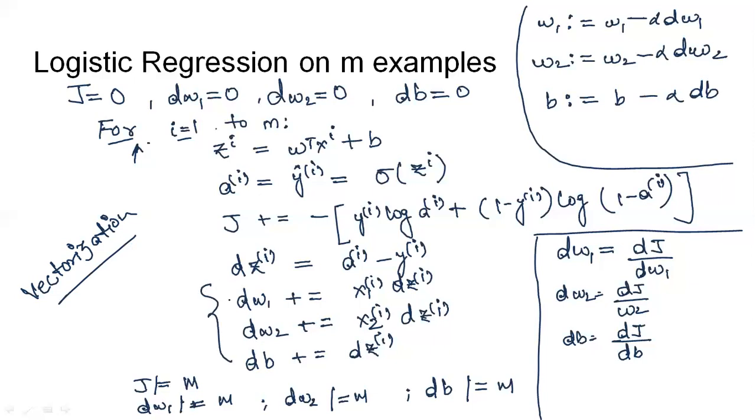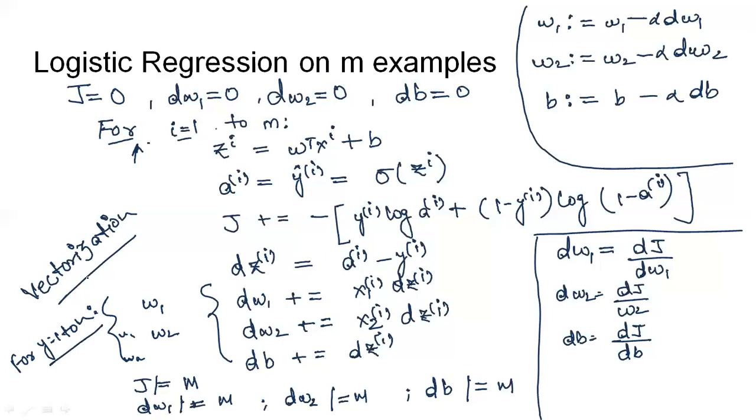Why? Because here we are only having two features, w1 and w2, but suppose that we have n number of features as w3, w4, up to wn. Then we need to apply a for loop here also, for i equal to 1 to n, for we have n number of features.